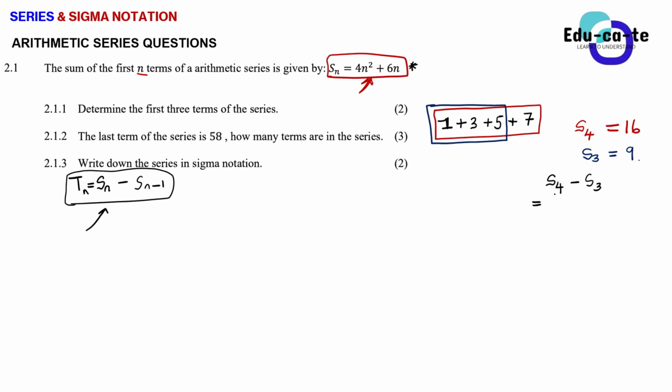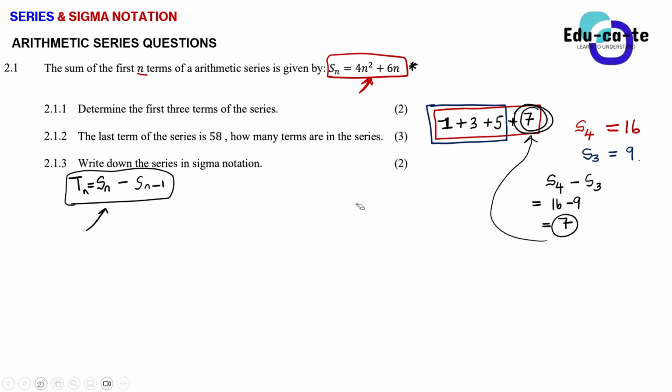The sum of the 4 terms is 16, the sum of the 3 terms is 9. 16 minus 9 will give me 7. So 7 is the remaining term. Basically, to get the remaining term, I can just take the sum of the entire 4 terms minus the sum of the 3 terms, then I'll get this last term, 7.